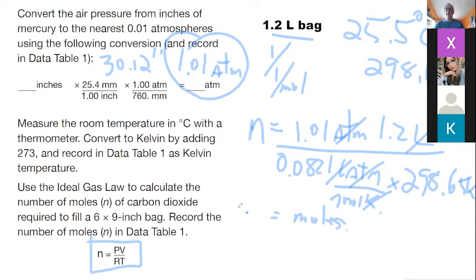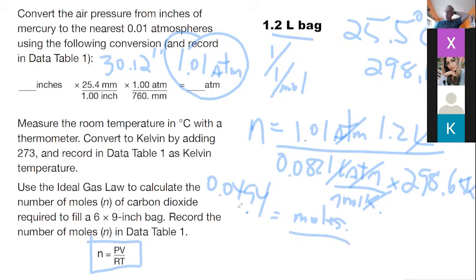So it's 1.01 times 1.2 divided by 0.0821 divided by 298.65. So what is our number of moles? I got 0.0494. Okay. So it's 0.0494 moles.